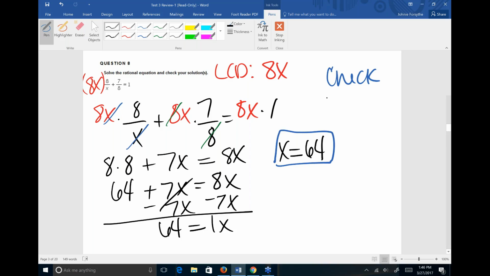So that would be 8 over 64 plus 7 over 8 equals 1. And you can put that in your calculator if you want. 8 divided by 64 plus 7 divided by 8, and you will get 1. So 1 equals 1. That's correct. So we have verified that our answer is correct.